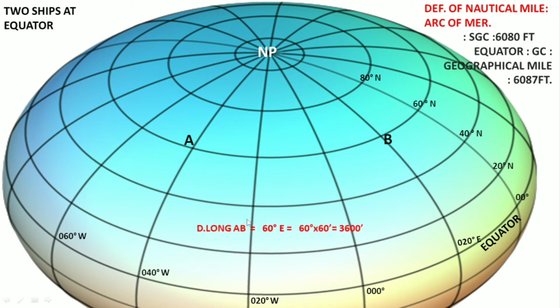So the d-long is still 60 degrees, 3600 minutes. But the east-west distance between them, because they are on the same latitude, is not the same as 3,600 miles.